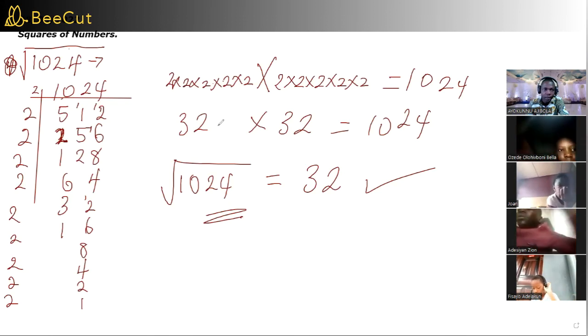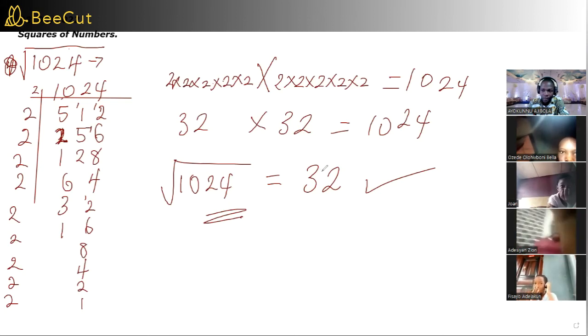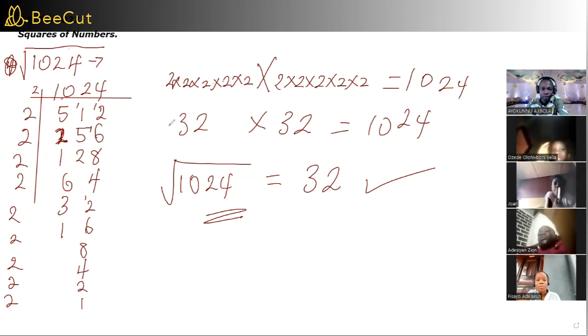So I think with that we are done with the square root of numbers. What if you were given to find the cube root of numbers? As you have square root of a number to be a number multiplied twice to give us that particular number, the cube root of a number will be a number multiplied by itself 3 times to give us that number.